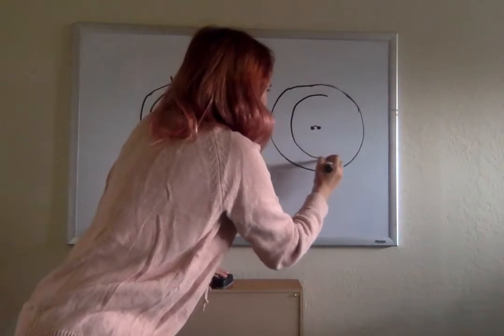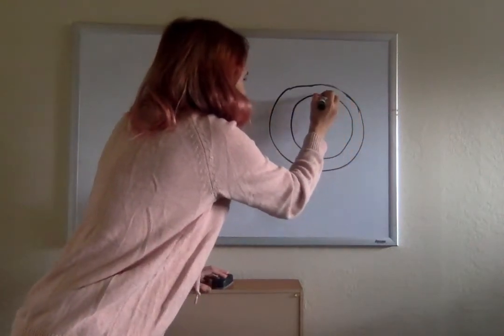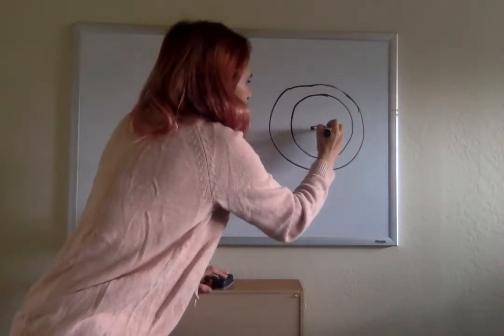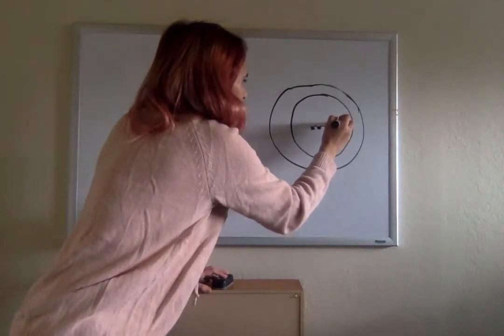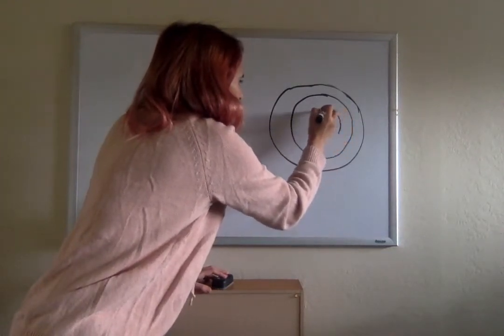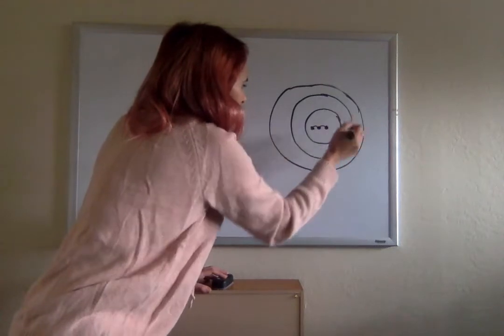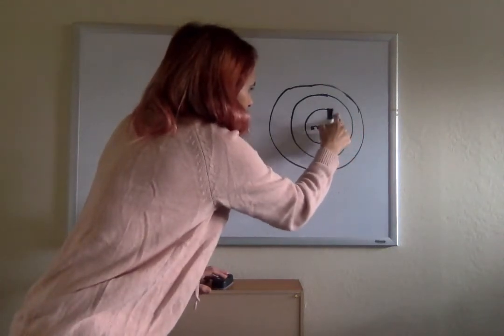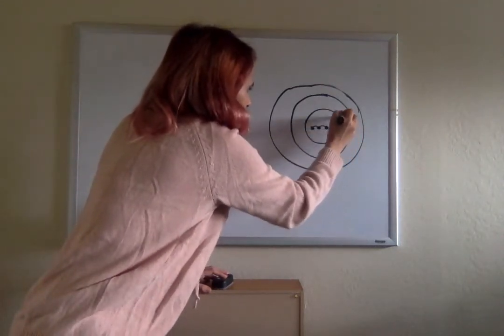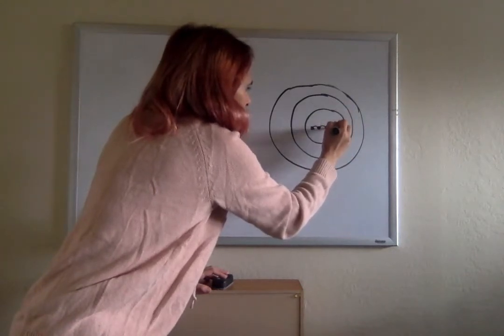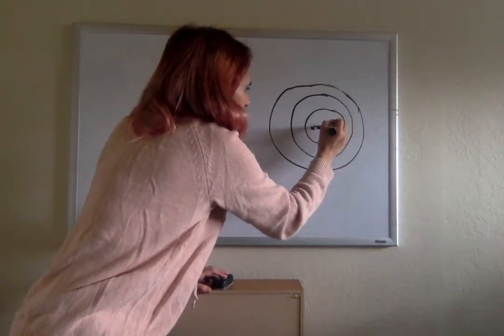Then he moves here, and he sends out another one. And this one's going to go out in a circle based on this new spot. And then he moves here. He sent out his last one. And it's going to go out in a circle based on this new spot.